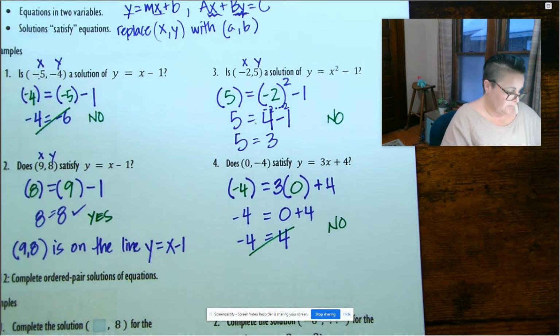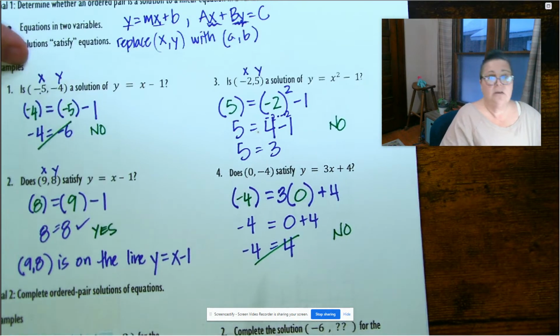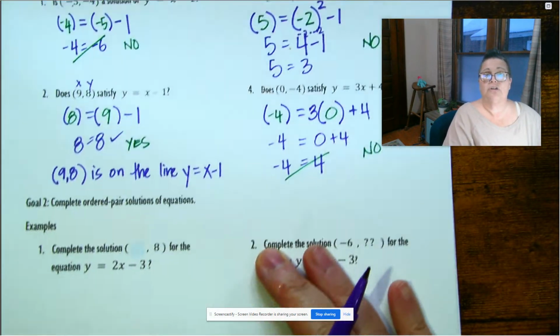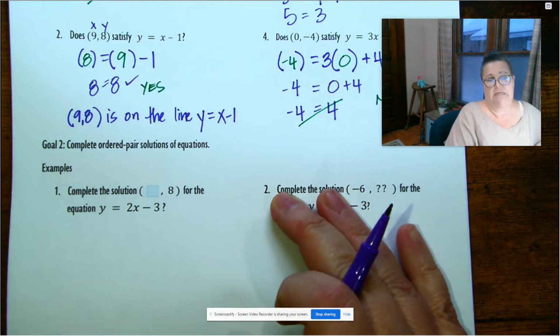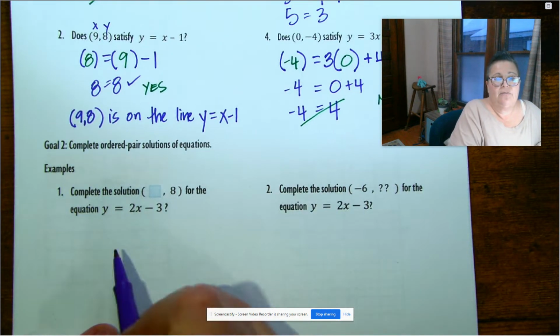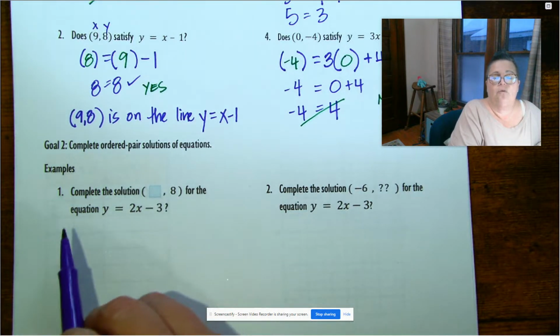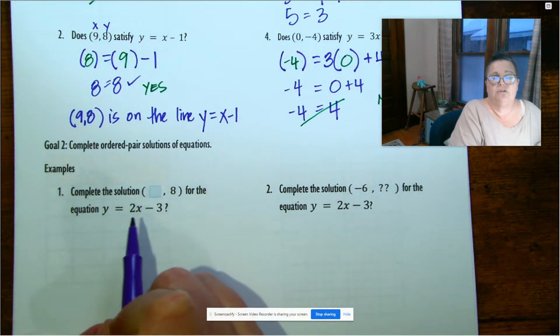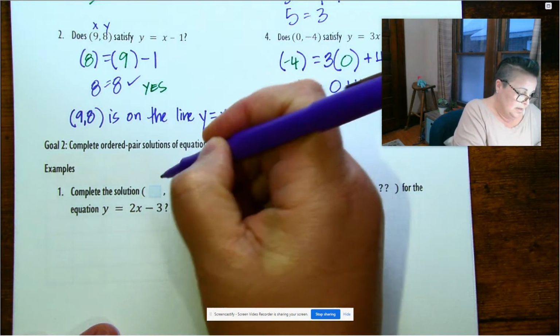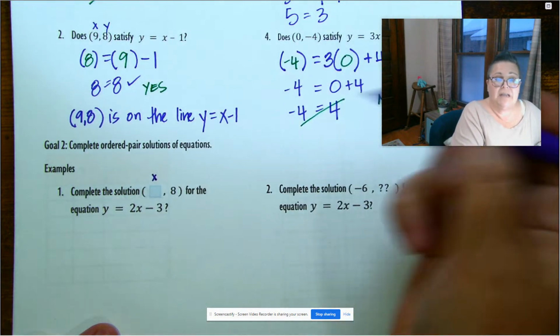We can use this information to determine the correct solution, or the ordered pair that would be on the line. So if we have to complete the solution, some number, comma 8, for the equation y is equal to 2x minus 3. This is our x value, which is not known to us.